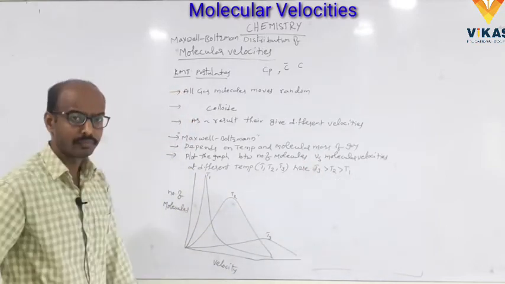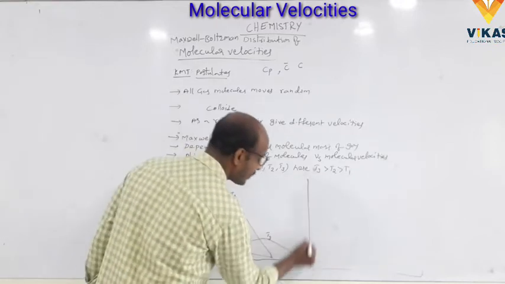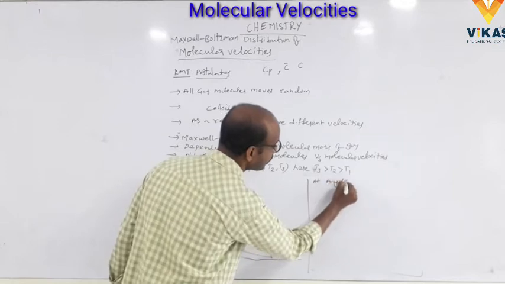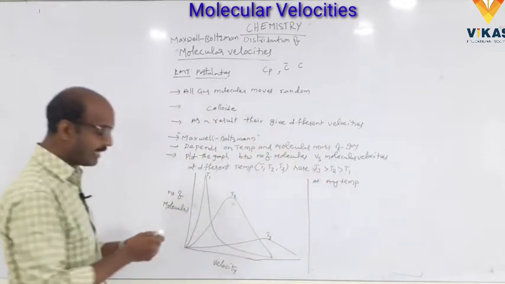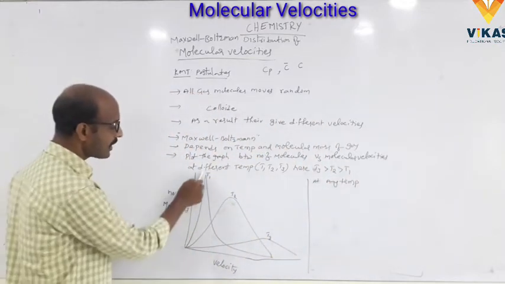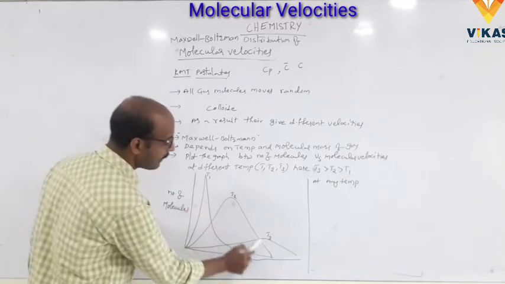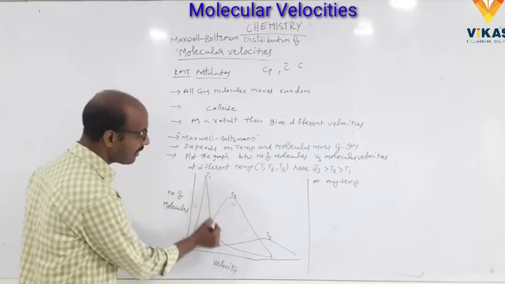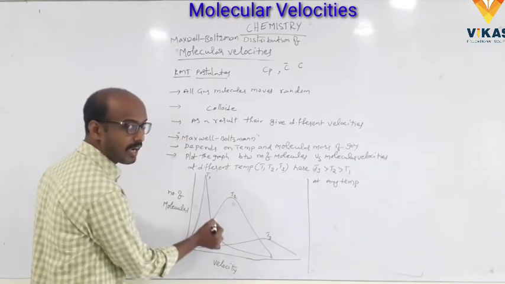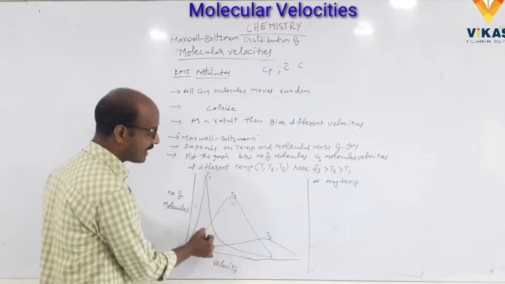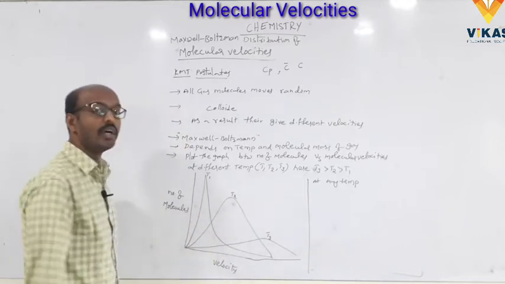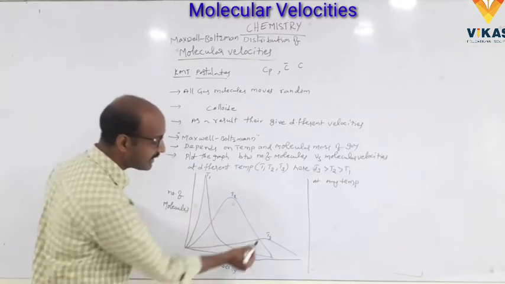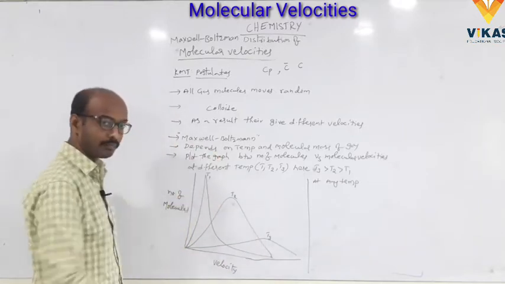Based on the graph, at any temperature, look at the graph. At any temperature the molecular velocity has a higher value and higher speed, and at the same time lower speed. At any temperature T1, T2, T3, here T3 is higher than T1 and T2.